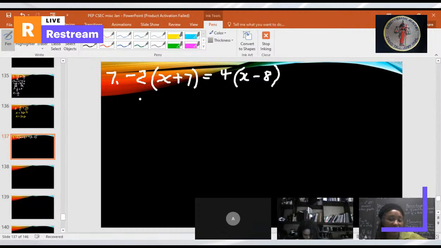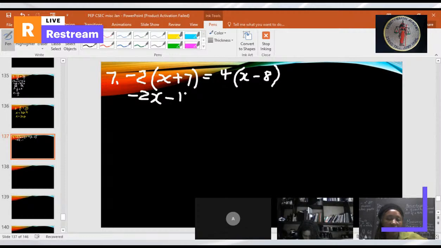So it's negative 2 times both terms in the bracket. Negative 2 times x would give negative 2x. And negative 2 times positive 7 would be negative 14.